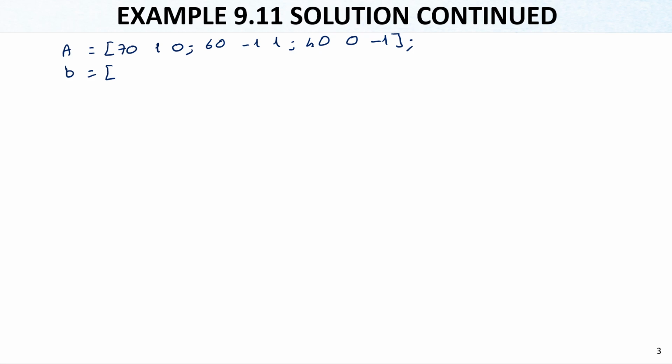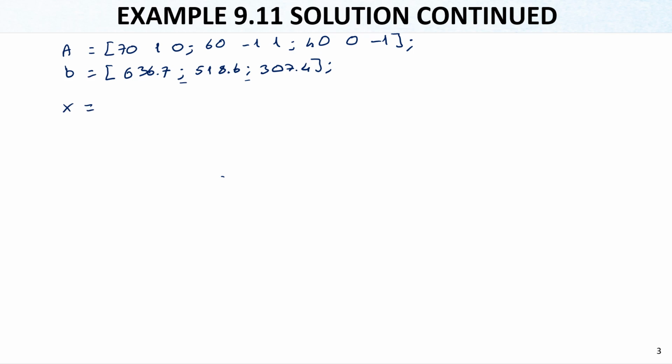So we will define 636.7, a semicolon, 518.6, and 307.4. When you put these, this will create a column-wise vector.